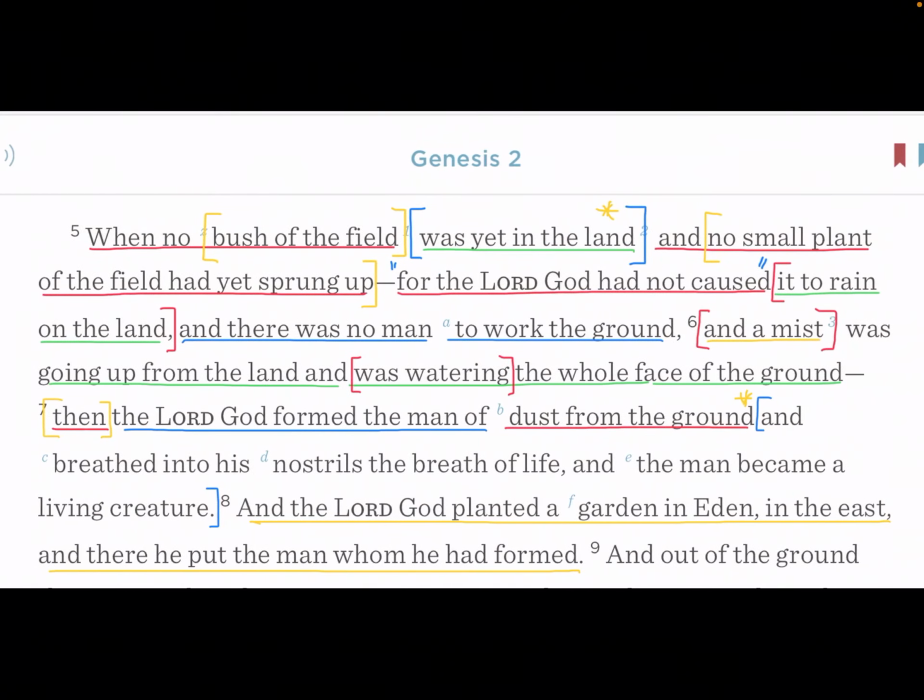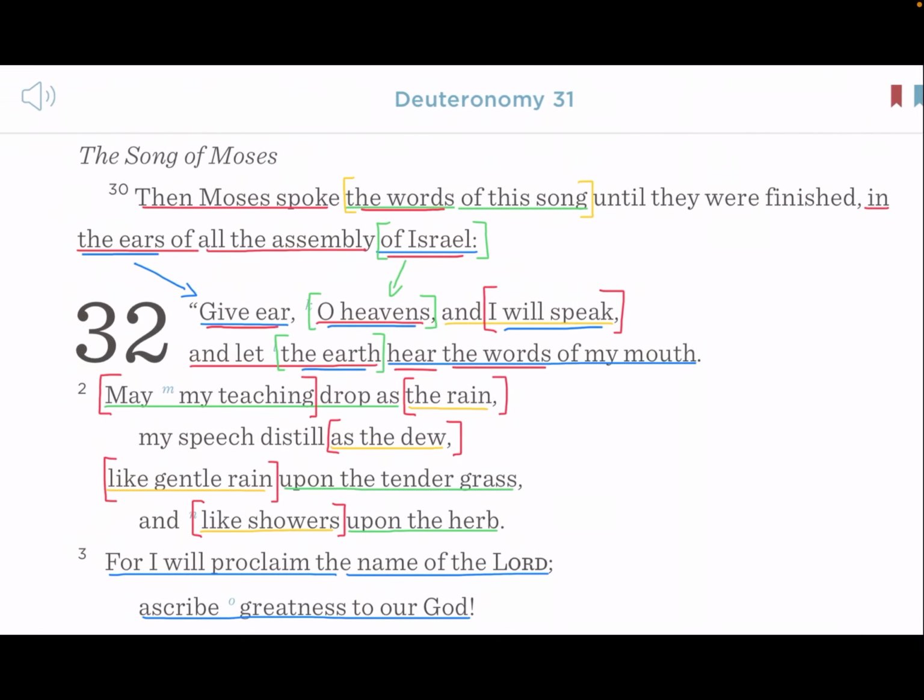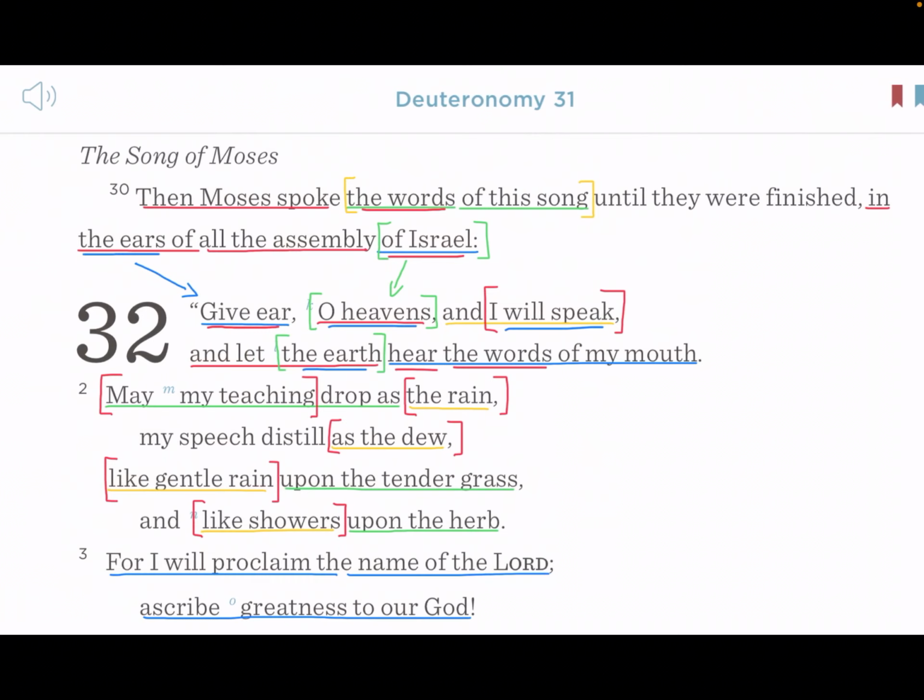Well, here we have in Genesis 2, before Adam is created, it says, when no bush of the field was yet in the land, and no small plant of the field had yet sprung up, for the Lord had not caused it to rain on the land, and there was no man to work the ground. And here we have God saying, if you listen to me and hear the words of my mouth, my teachings would drop as the rain.